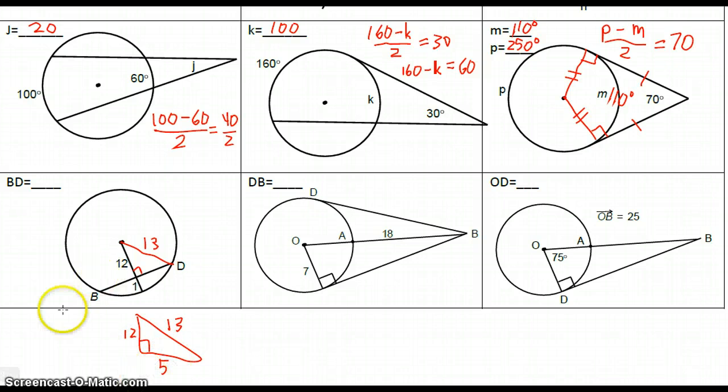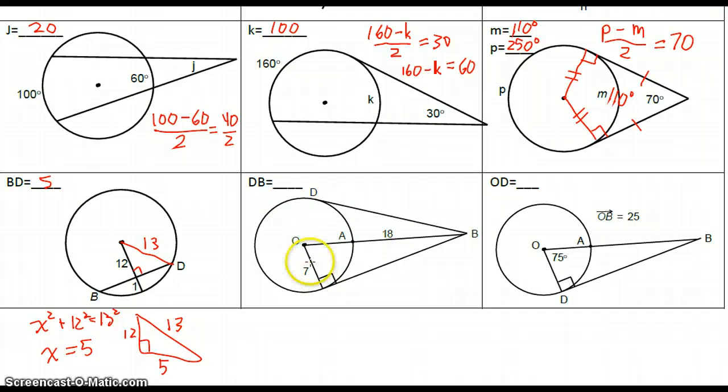This one comes up a lot, the 5, 12, 13: x squared plus 12 squared equals 13 squared, so x would have to be 5. I think they left out their little right angle, but it has to be there. Otherwise, it's impossible.